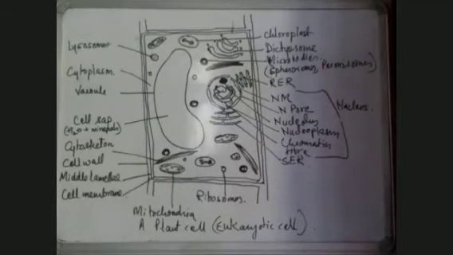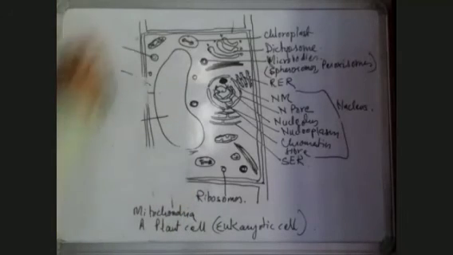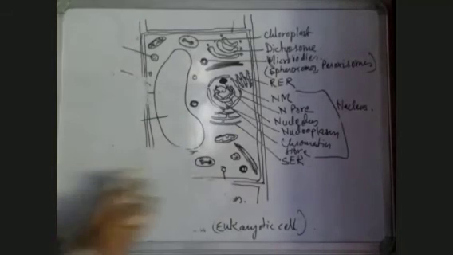So now, because we have just, I think, 7 minutes with us, in that 7 minutes, we will do the difference between plant cell and animal cell.